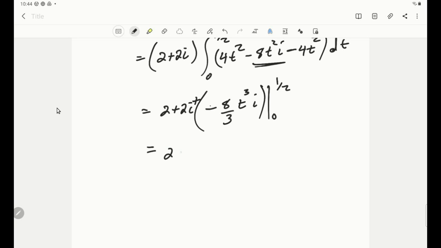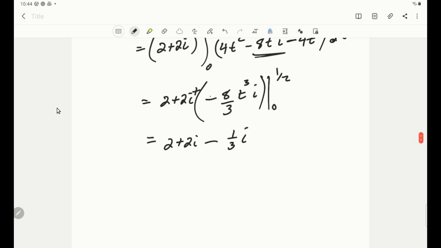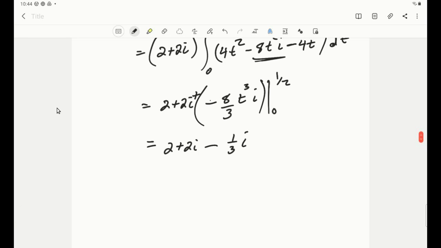So it looks like we get 2 plus 2i, and then minus 1/3 I. Let's see.